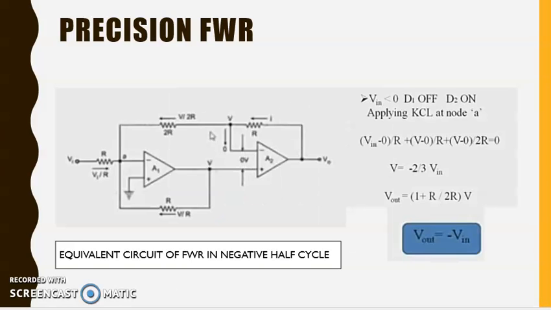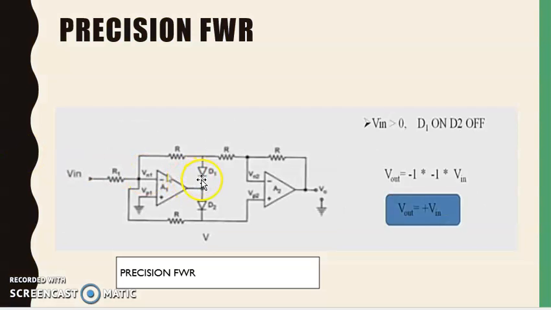We will next talk about how the negative half cycle works in the full wave rectifier. This is the equivalent circuit of the full wave rectifier in the negative half cycle. In the negative half cycle, you can see here this diode was removed because it was reverse biased. In this figure you can see this is D1 and this is D2.